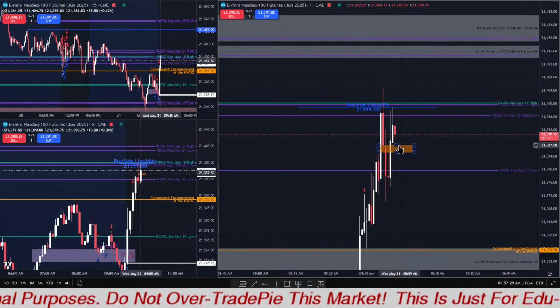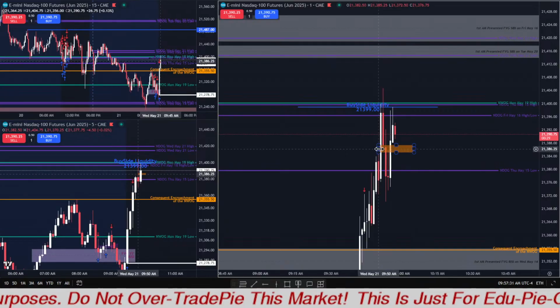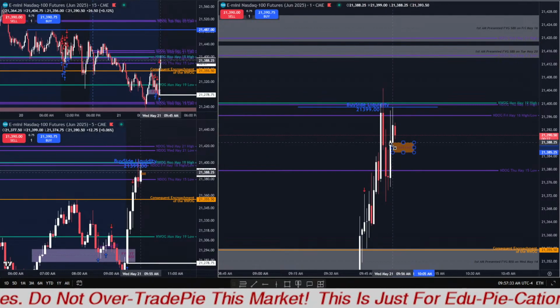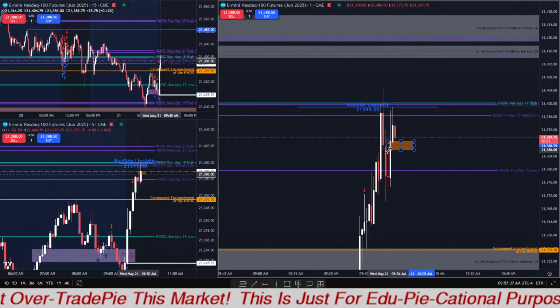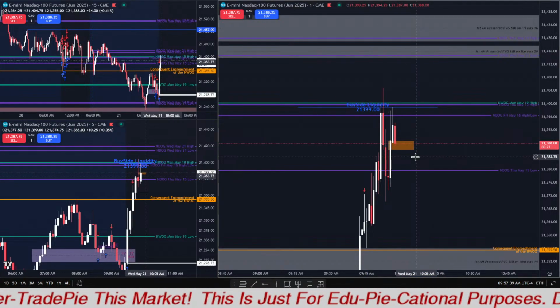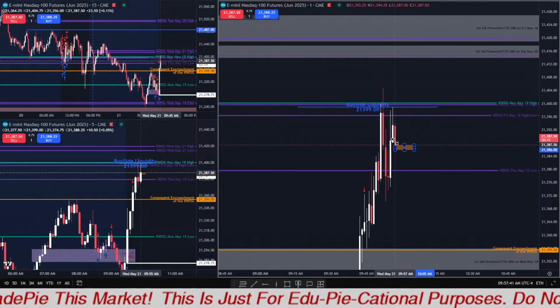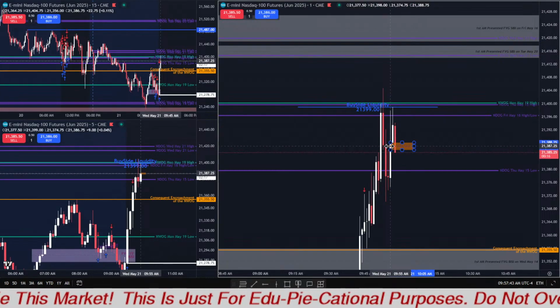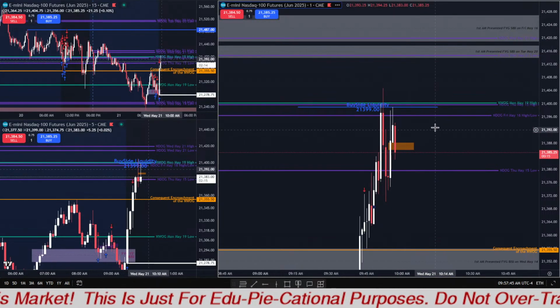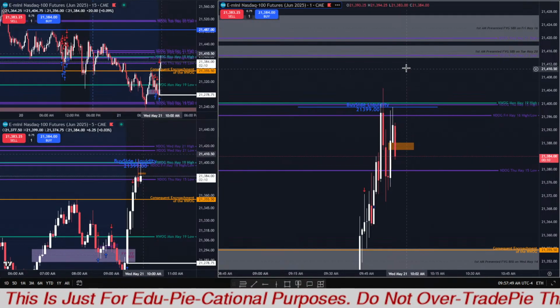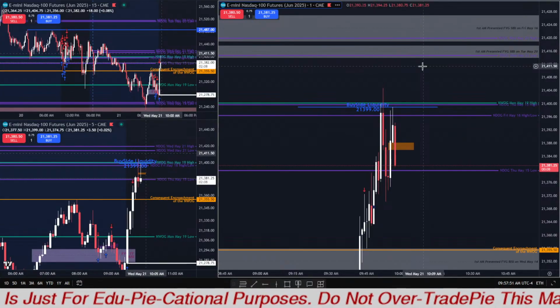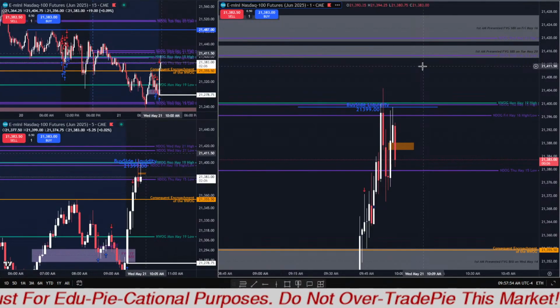Now I'd like to see if the market is able to keep itself above this inefficiency to reach towards the new day opening gap.